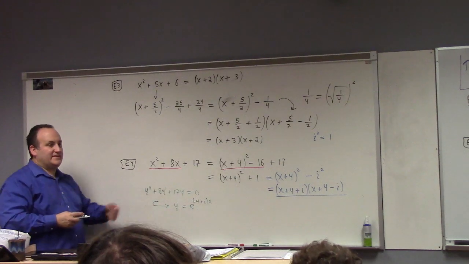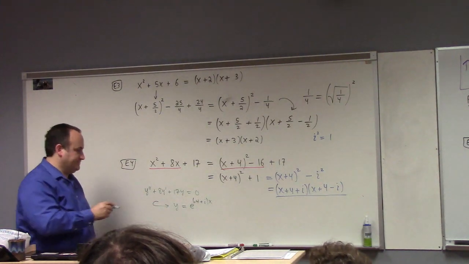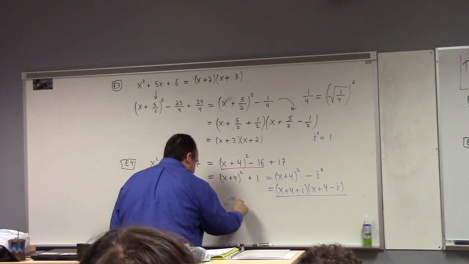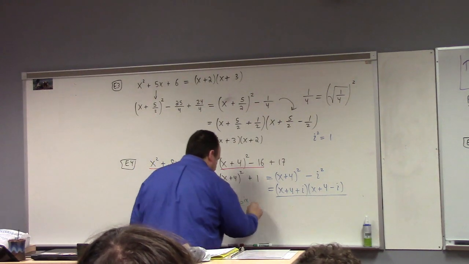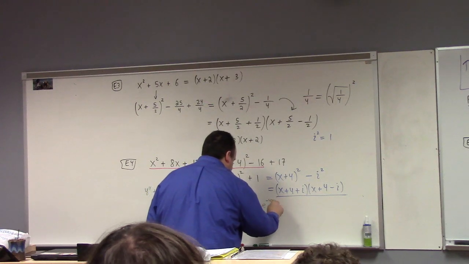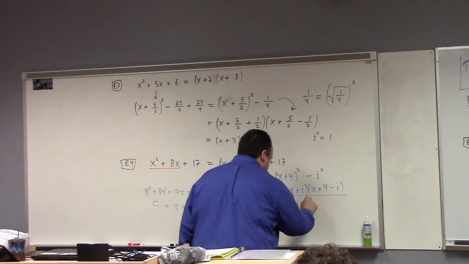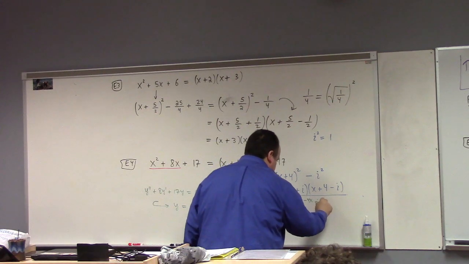So that would be a complex solution here. And how does that work out? E to the minus 4x, e to the ix, which is what? E to the minus 4x cosine x plus i, e to the minus 4x sine of x.